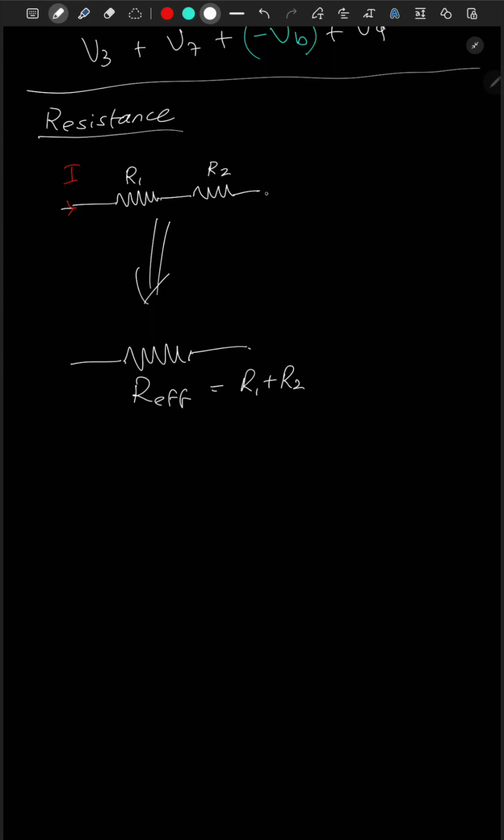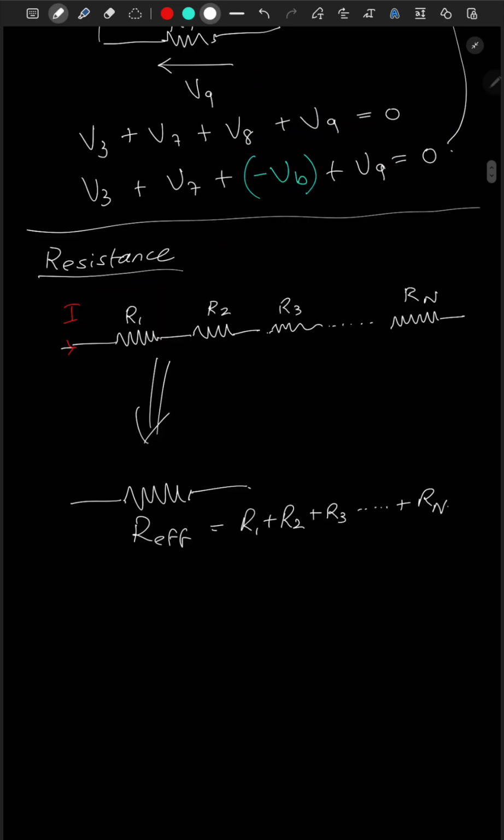If we have R3 and so on until the last one is Rn, we have to add every single resistor until the last one. So this is the effective resistance for resistors in series.